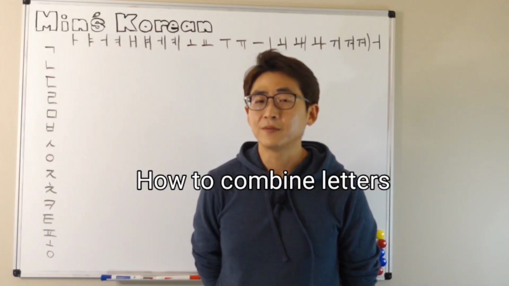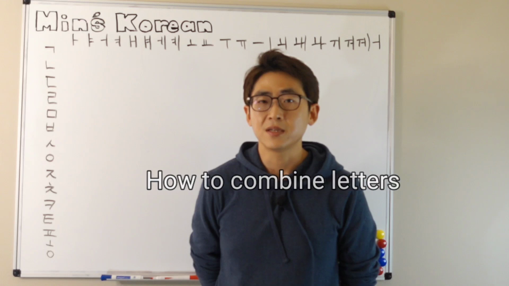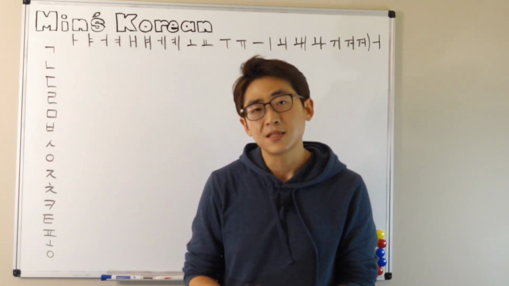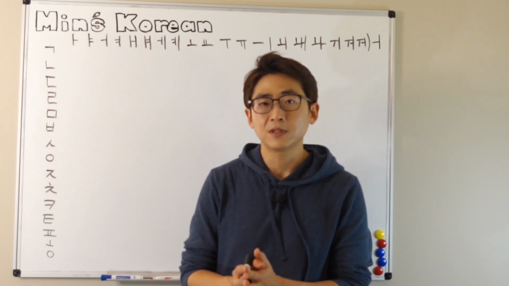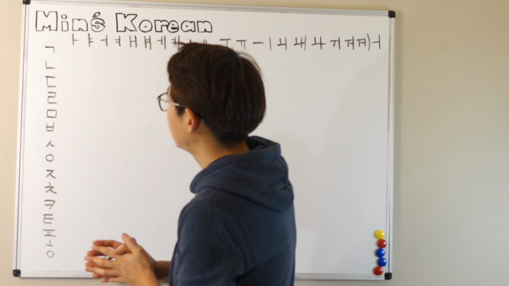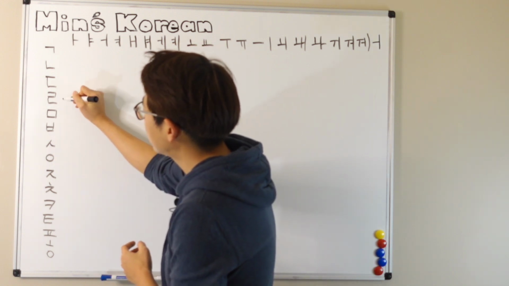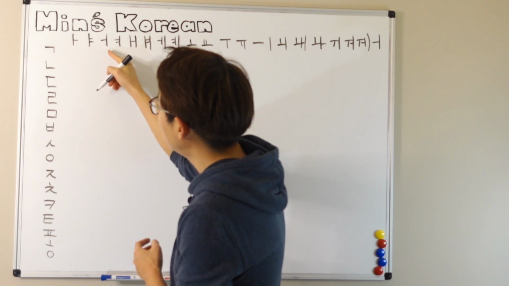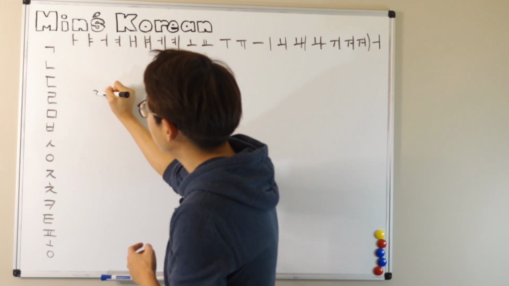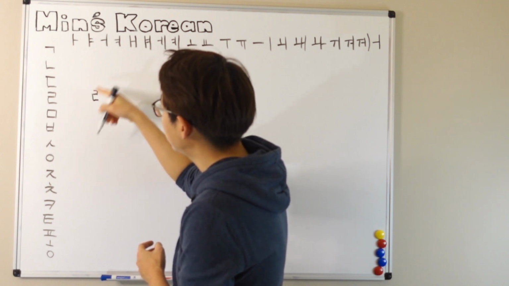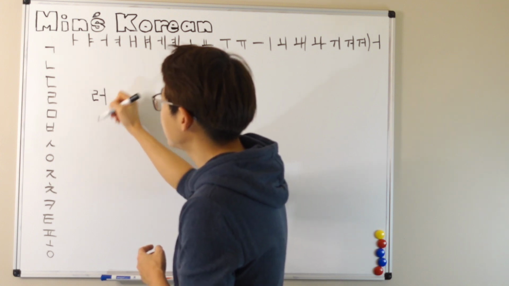The basic unit of the Korean letter system is the syllable, which means it needs to have a consonant symbol and a vowel symbol combined together. Let's give an example. The first one over here is "r," and over here we have "a." When we combine these together, we write "r" first, and then we write "a" next to it.